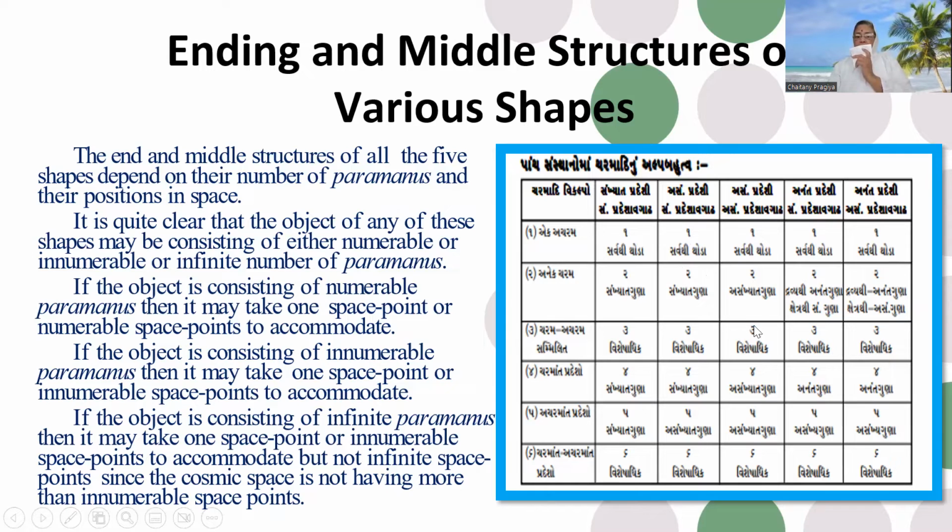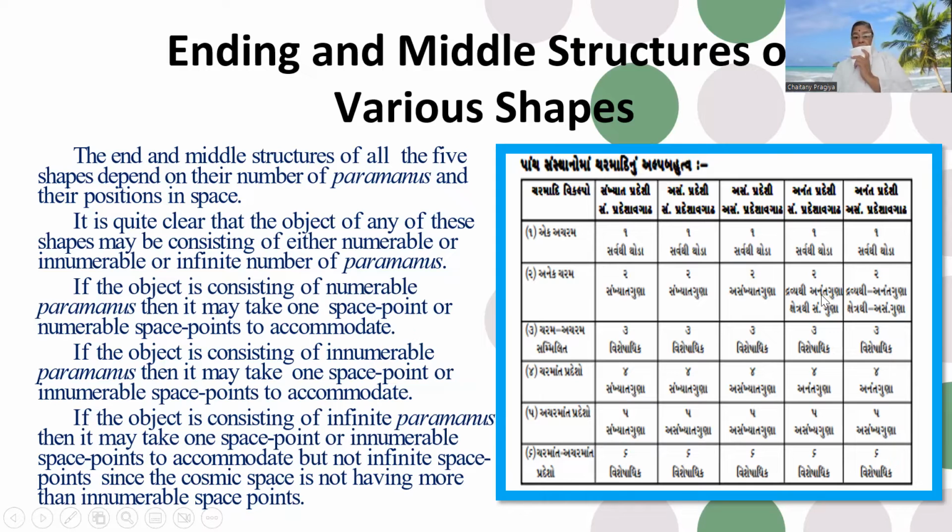There are certain objects which consist of innumerable atoms, and they are also innumerable times more in comparison to other objects. They may have as many atoms which come under the middle part of that structure, and some atoms which aid that particular structure. So in this way, Dravyati Anantaguna Kshatrati Sankhya Guna.